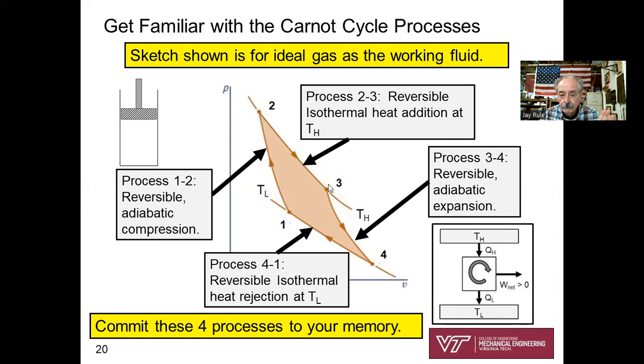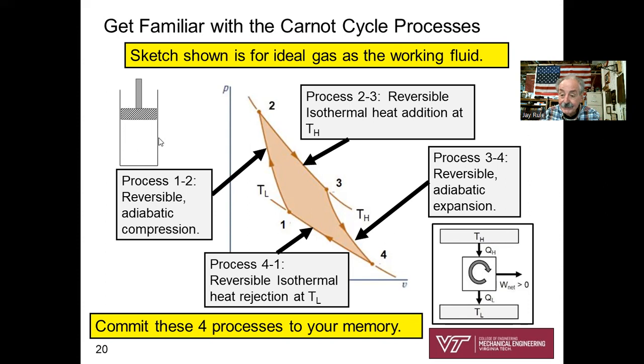Reversible adiabatic compression. 2 to 3. Reversible isothermal heat addition. Now, you got to think about how do you add heat when the temperature doesn't change? I'm going to suggest that you have had some homework problems already. I'm not going to remind you exactly what they are, but you have had some homework problems where you added heat to a piston and cylinder and the internal energy went up, work was done, okay?